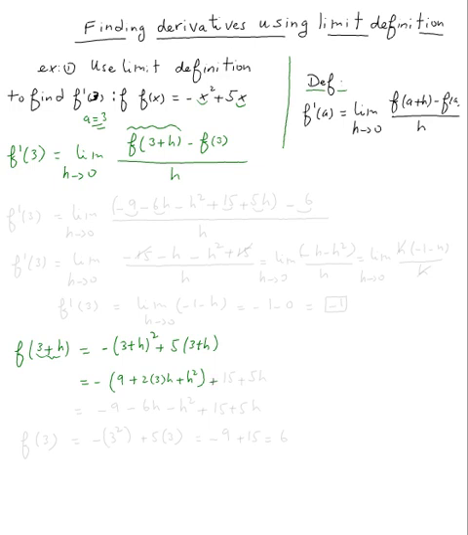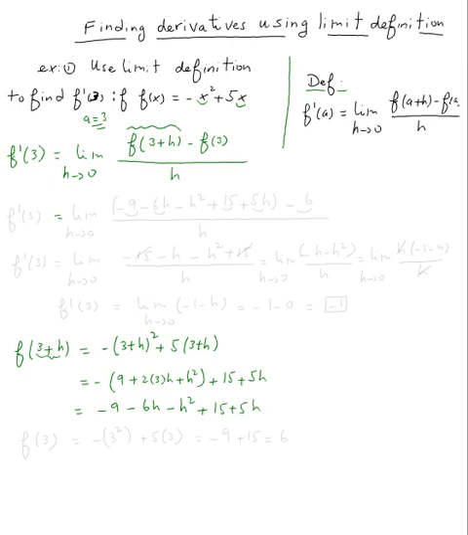Plus, I'm going to distribute the 5. 5 times 3 is 15, plus 5 times h is 5h. Now, I'm going to distribute the negative 1, so negative 9 minus 6h minus h squared plus 15 plus 5h.